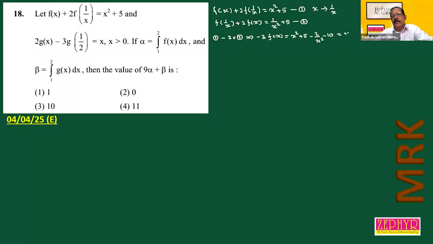You'll be getting x squared minus 2 by x squared. 5 minus 10 is minus 5.